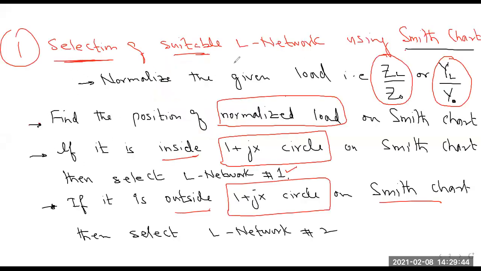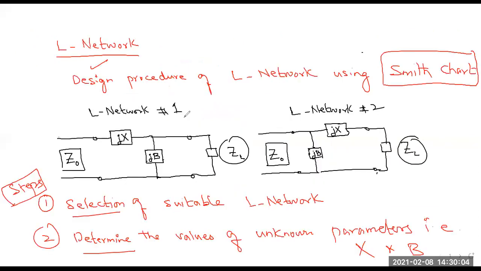First of all, you need to normalize the given load. Then you need to find its position. There are two possibilities, inside or outside. If it is inside, L network number 1, which is this one, you are going to select. Let me write it down.